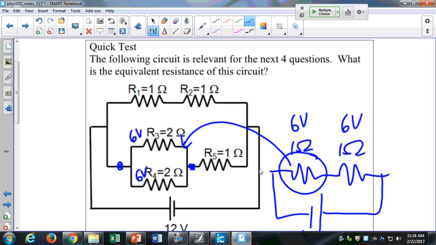Yeah, no. 6 amps here, and 3 amps here, and 3 amps here. But then this further gets split into 1.5 amps and 1.5 amps. Oh shoot. 3 amps and 3 amps. I'm very confused now.